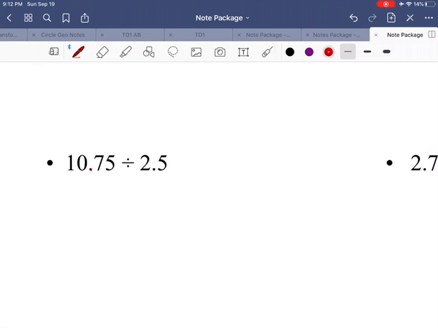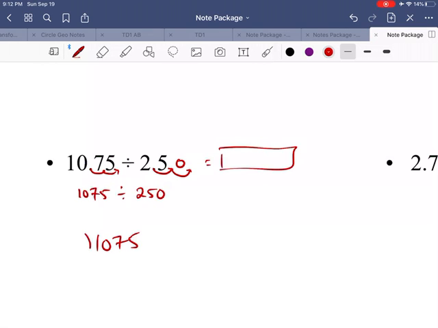All right, here I've got to move this twice. So I can only move it once there. And if I'm moving it again, I have to put in a 0. So really I'm doing 1075 divided by 250. Both positive, so my answer is also going to be positive. So 250 into 1075 looks like it goes 4 times.